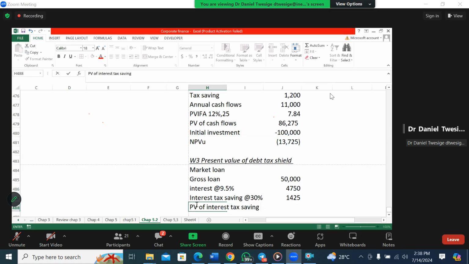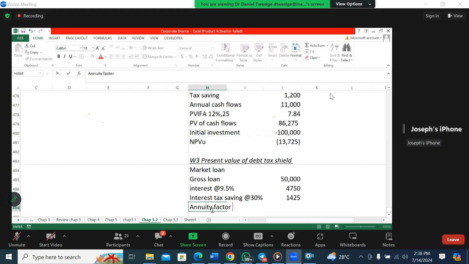So what is our annuity factor in this case? Maybe I can first get the annuity factor. We are going to use the same period, 20 years, because they have not told us how long the loan is going to be.